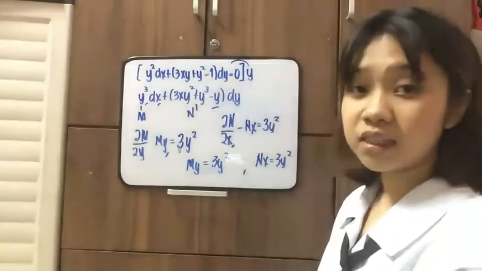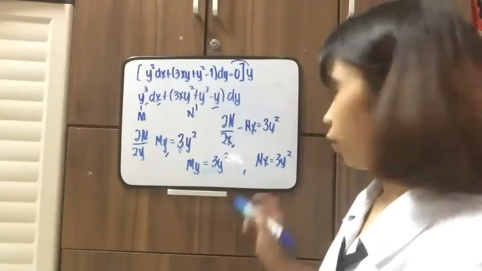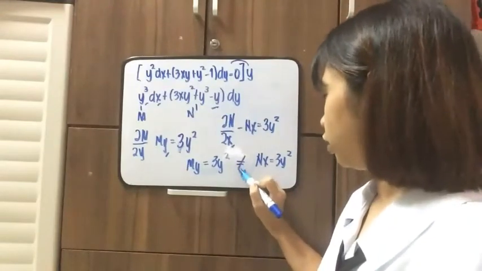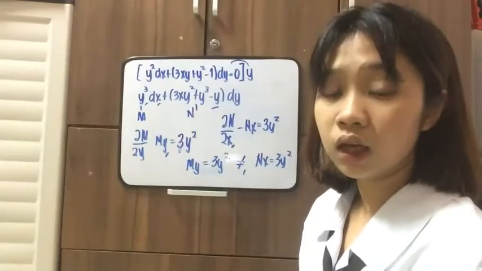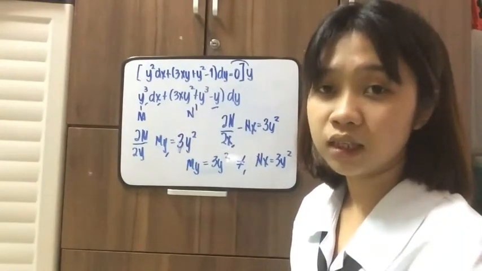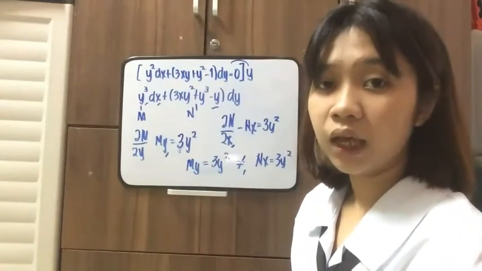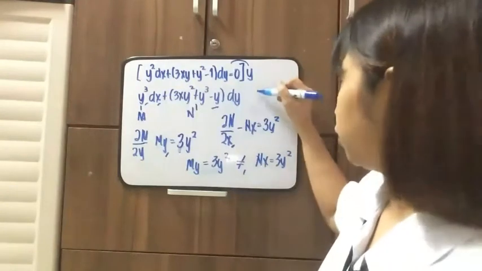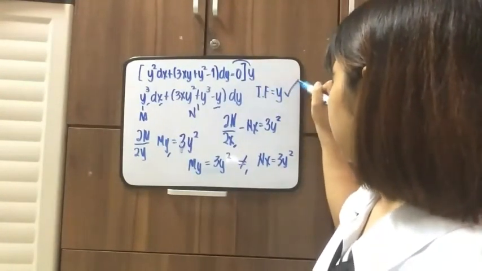As we can see, we have now an exact equation. They are now equal. So, solving y as our integrating factor makes it correct that it results to having an exact equation. So, our integrating factor y is correct.